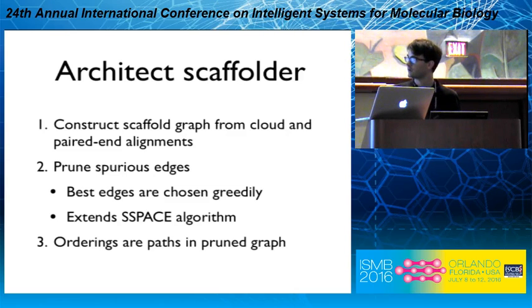Then the main step is to prune this graph to remove spurious edges. We do this using a greedy approach that is an extension of what an earlier tool called SSpace was doing. SSpace is a scaffolder for standard paired ends or mate pairs. It implements this greedy approach, which is not very complicated, but in many studies it was found to be one of the state-of-the-art methods for scaffolding.